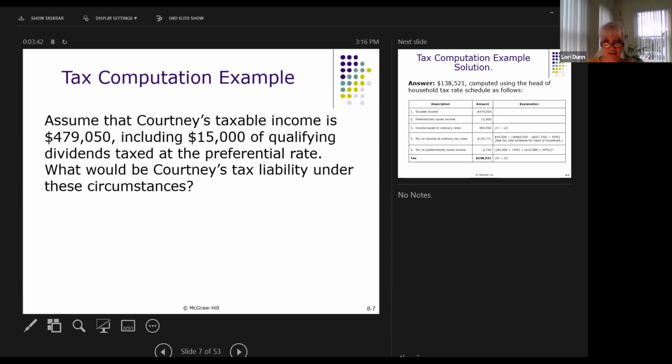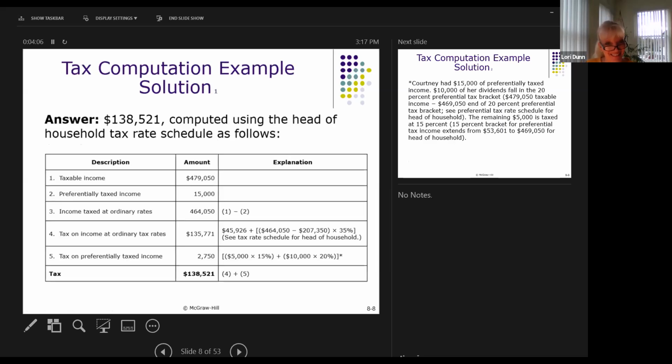Assume Courtney's taxable income is $479,050, including $15,000 of qualifying dividends taxed at preferential rates. What would be Courtney's tax liability under these circumstances? Well, they don't tell us Courtney's filing status. We need to know that, right? So it looks like she's head of household from our answer.